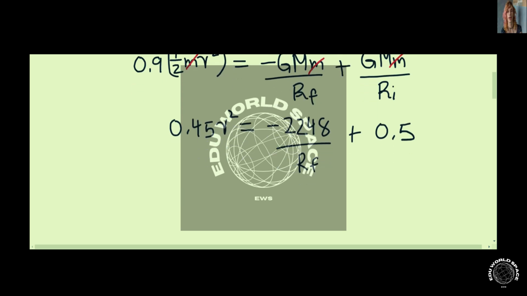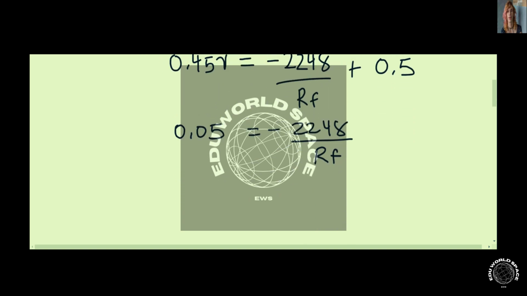And so we can solve this equation for RF. V is just 1, so on the left-hand side, we just have 0.45. We subtract 0.5, so we get negative 0.05. And then we can multiply by RF and divide by 0.05. So once we do that little rearrangement, sorry, this would be negative.